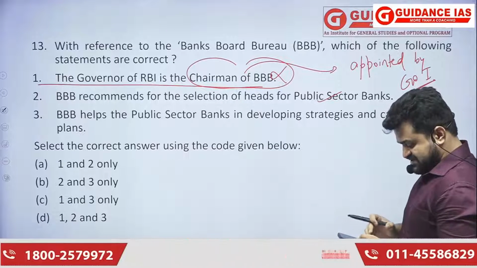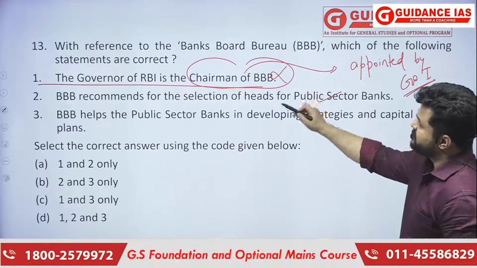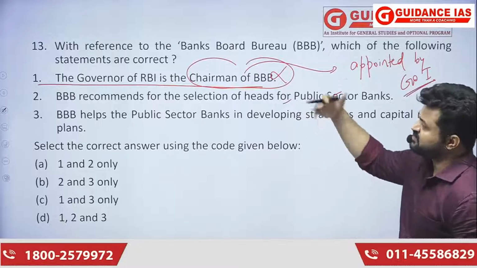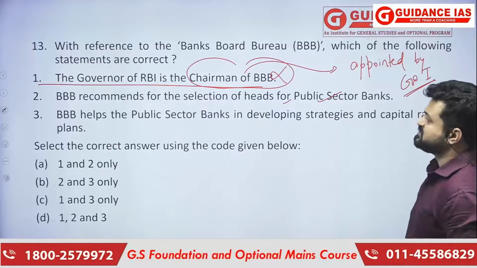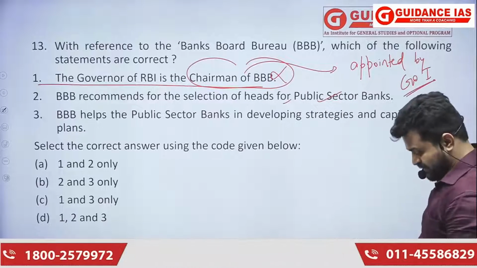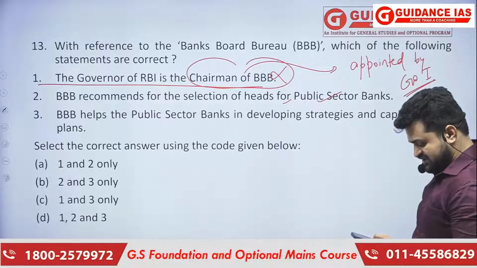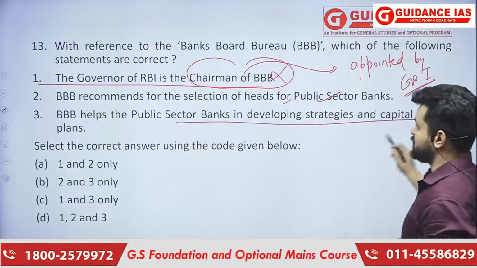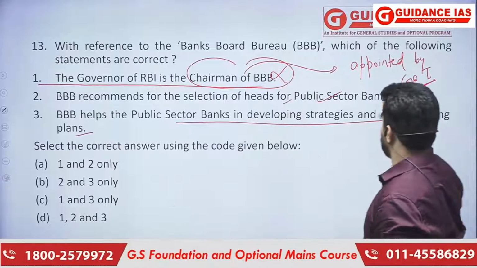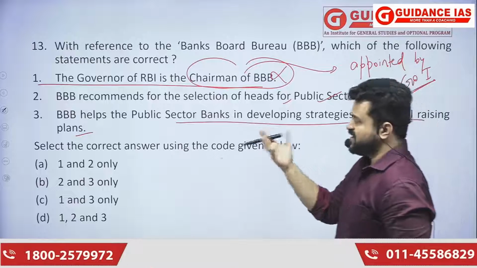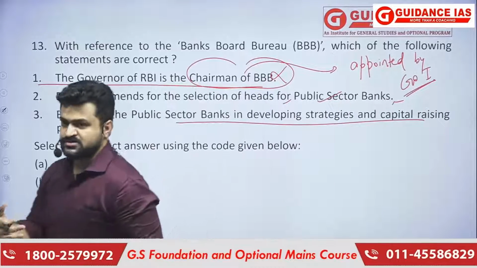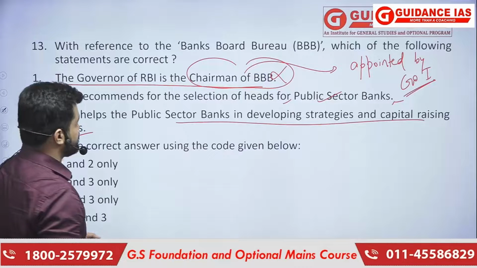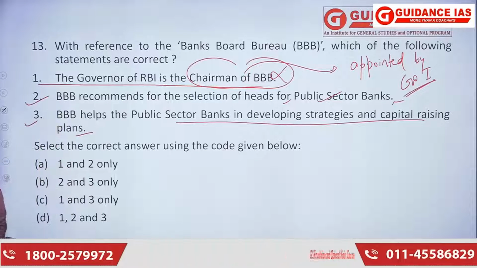Then the third statement is BBB helps the public sector banks in developing strategies and capital raising plans. So yes, that statement is correct. Actually, one very important mandate of Bank Board Bureau is to improve the functioning and performance of public sector banks. Okay, so that statement is correct.